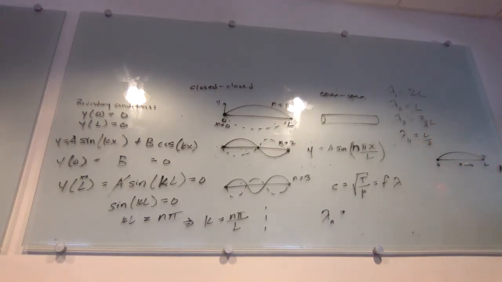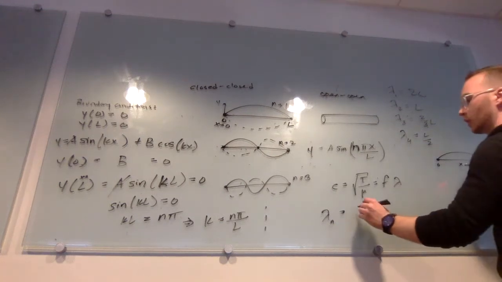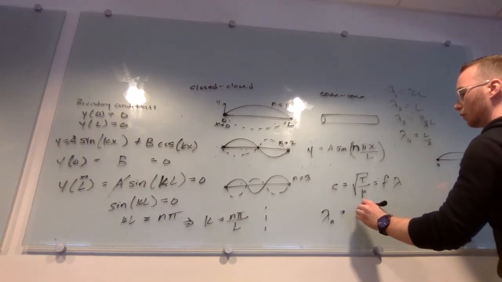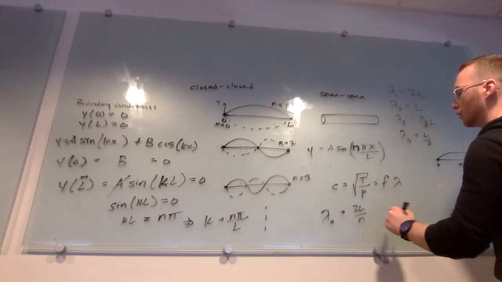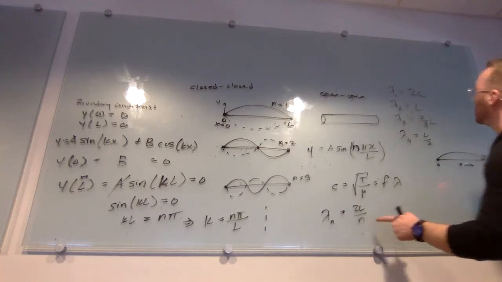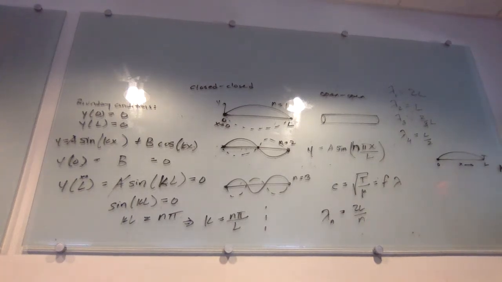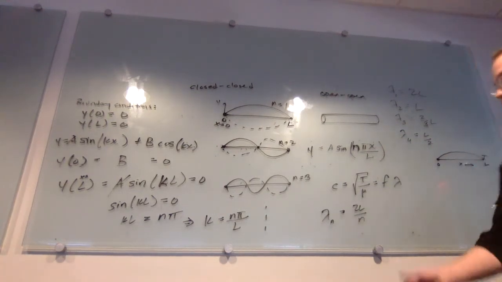So this is a little weird looking. How did I write this last time? It's like 2L over n, right? Yes, 2L over n. Yes, that's right. Okay. So you can see how that makes sense.